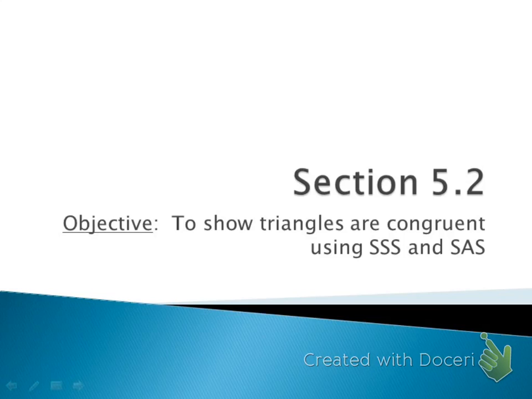So today what we're going to look at is to show triangles are congruent using SSS and SAS. Ooh, there's no section title, is there? Alright, I'm going to add a title for you. Here's the title. SSS.